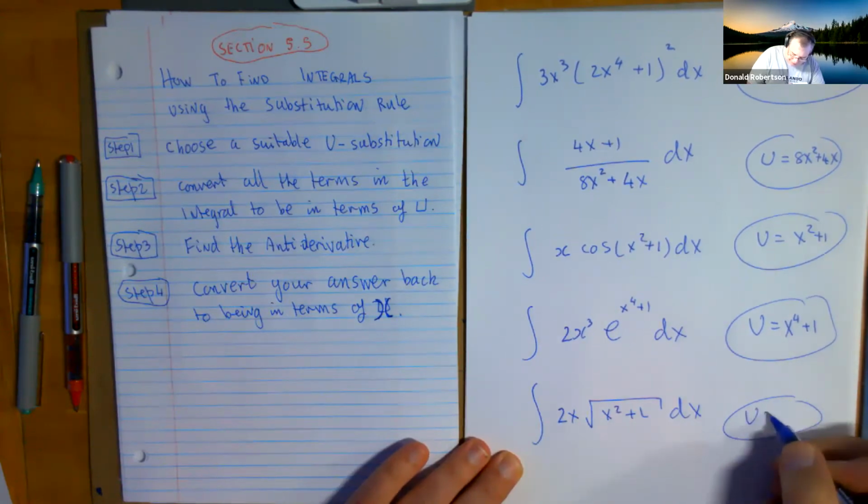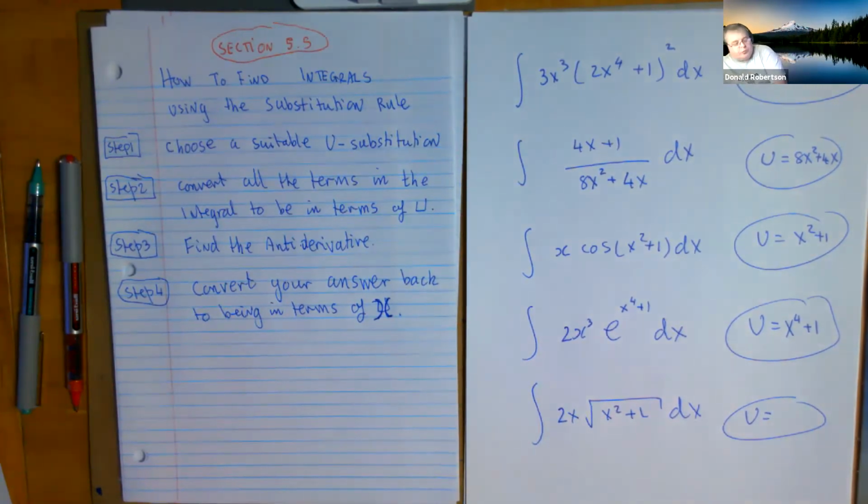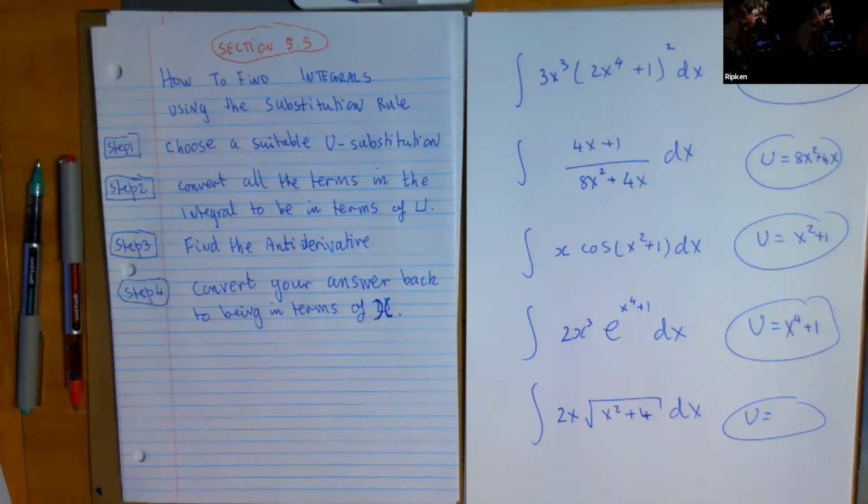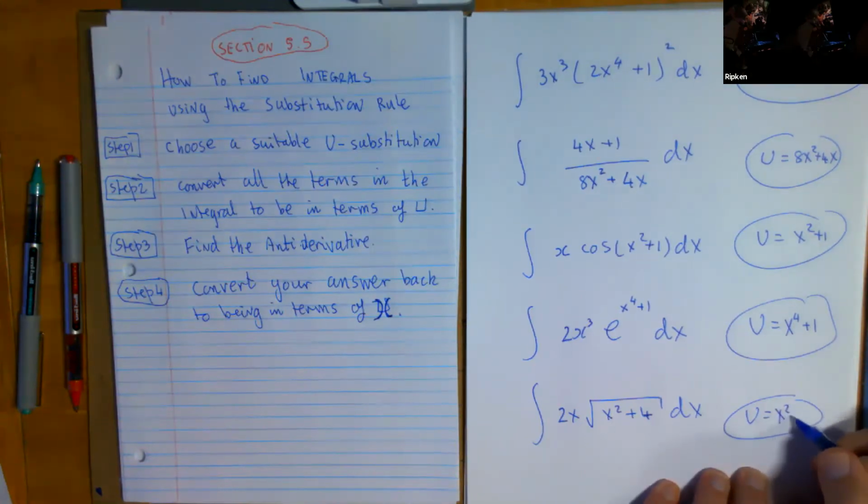Suppose you get a question and there is a square root involved, like this question. I'll make that a 4 because it's a funny looking one. What do you think a U sub candidate should be in these situations? Whatever's in the square root. Yep.